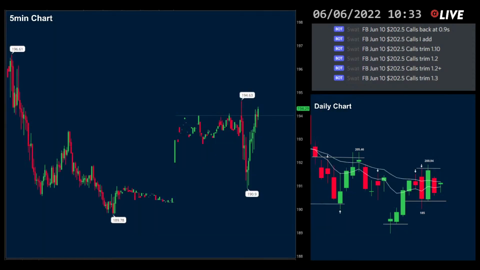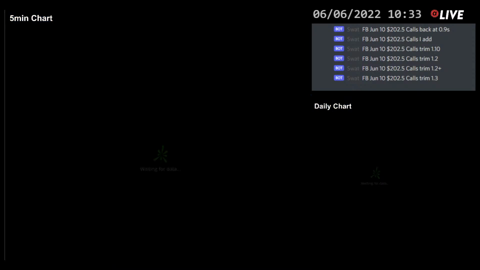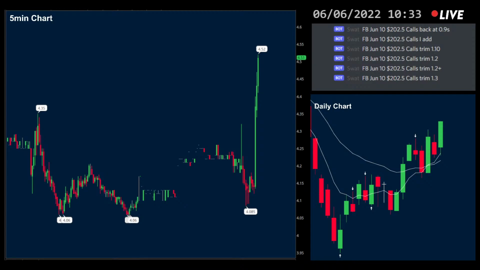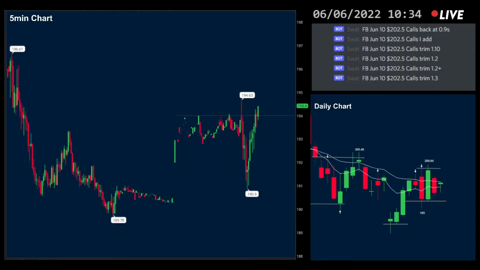Okay, Facebook trying now. Facebook needs above 195, guys. Wood also new highs on the day. FSLR new highs on the day. Facebook going.